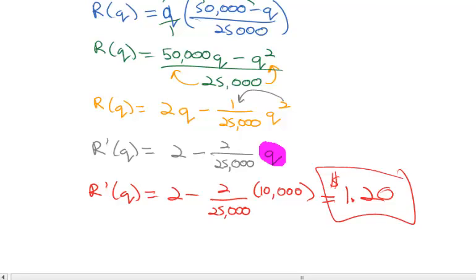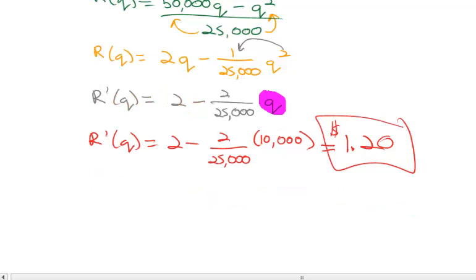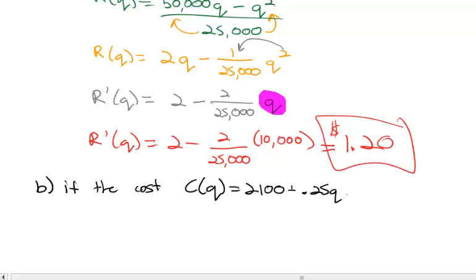Revenue, number times price. Price is often a function of the number. Let's do one more problem here. Let's look at the cost function of the problem we just saw, the cost function C of Q is equal to 2100 plus 0.25Q.